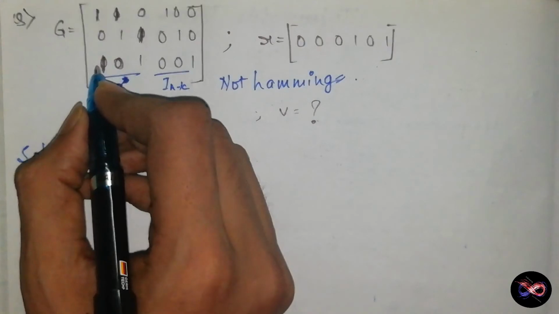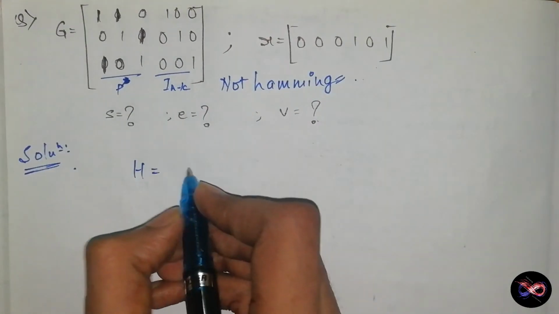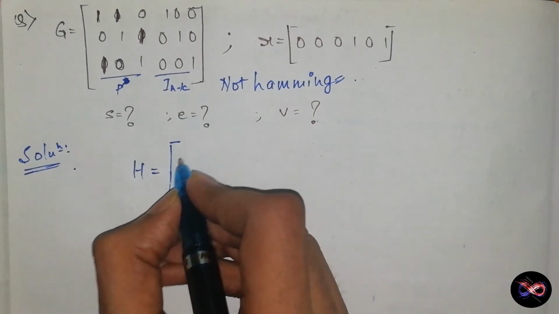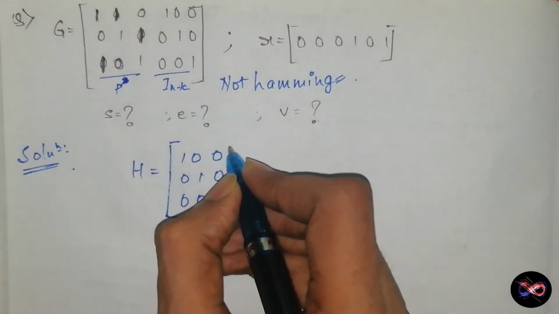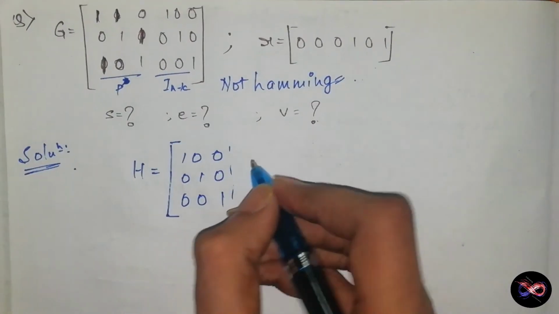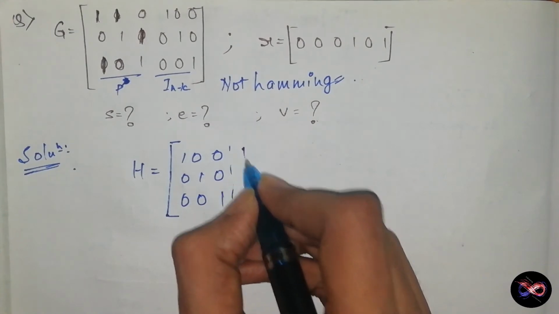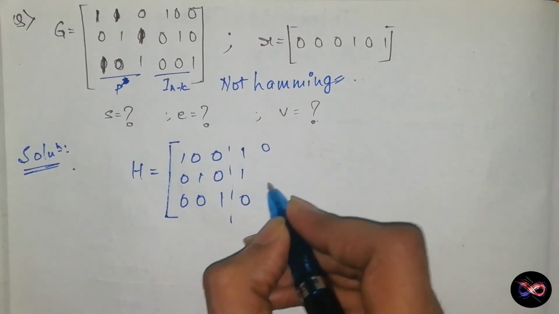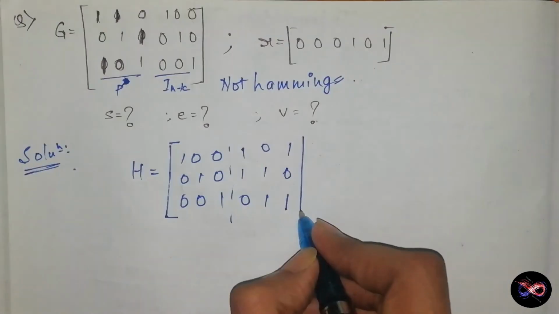So from the G matrix we can easily find out the H matrix. So first the identity matrix will come and then the parity transpose, which will be 1 1 0, this will be 0 1 1 and this will be 1 0 1.